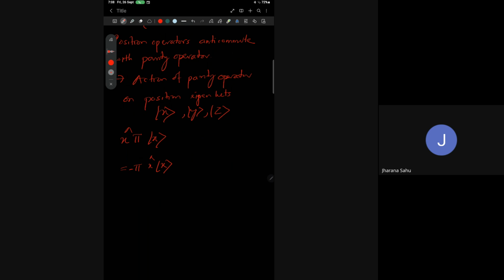All right, pi x operating on the ket x. Maybe I should write it like this, which would be better: x pi operating on x must be equal to minus pi x operating on x.